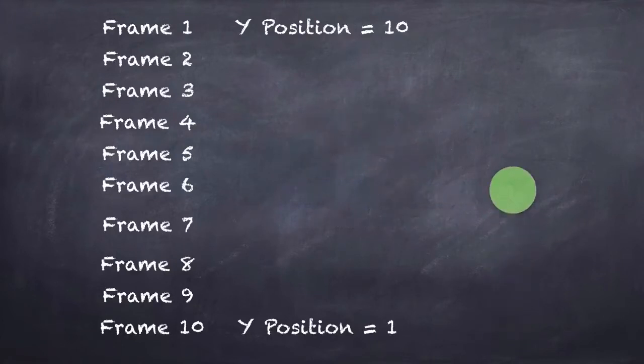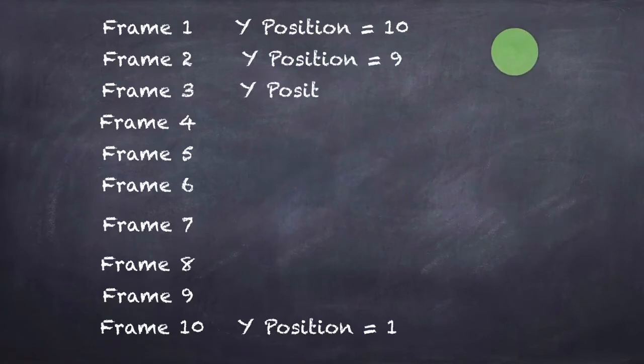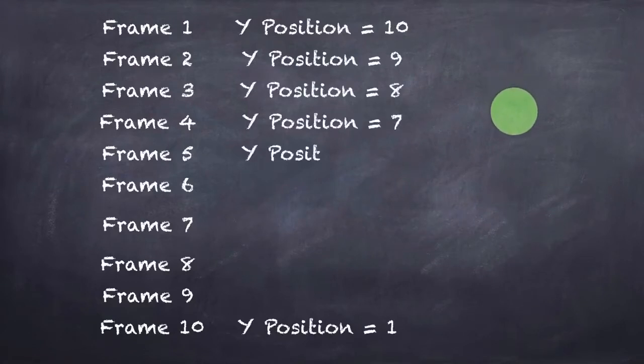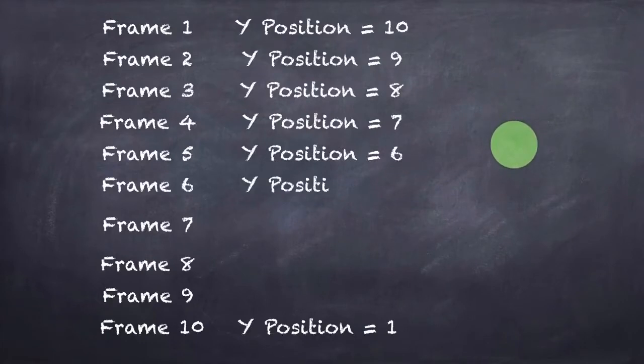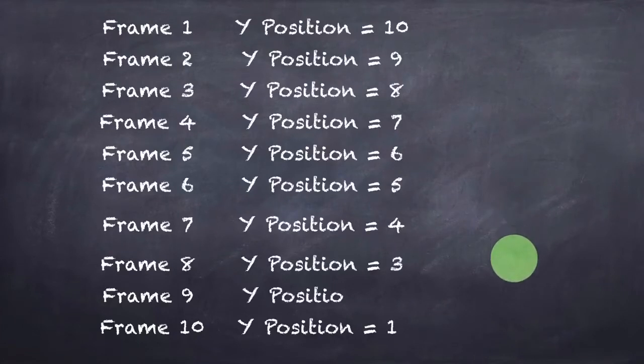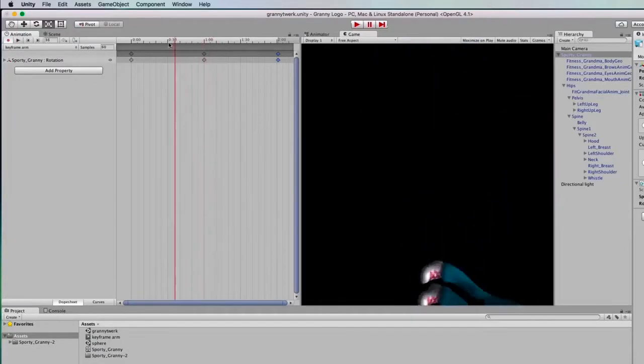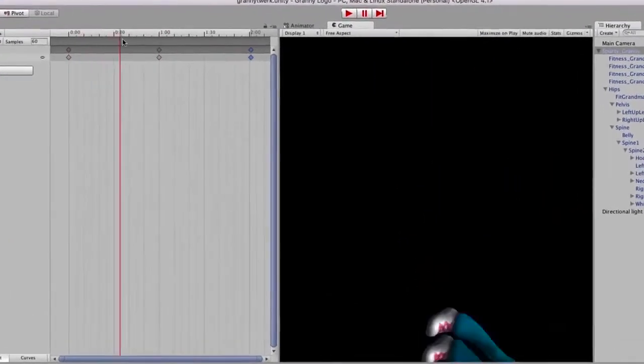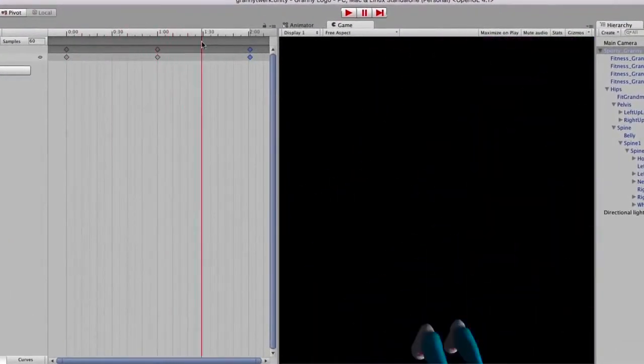In this case, it works out to be -1 each time. Keyframes and tweening are the key components of creating animations in Unity.